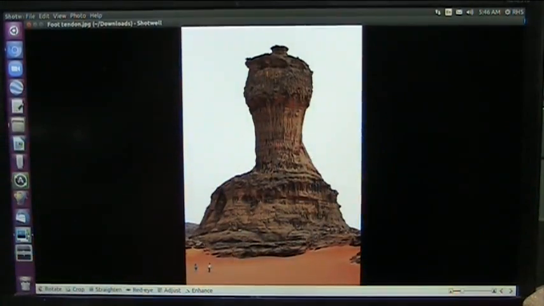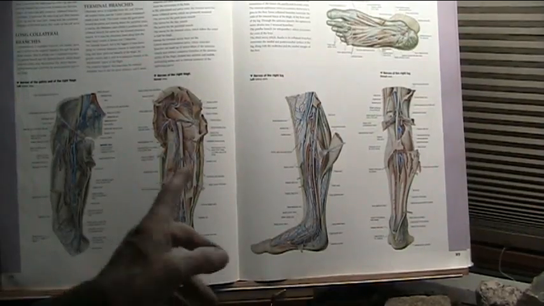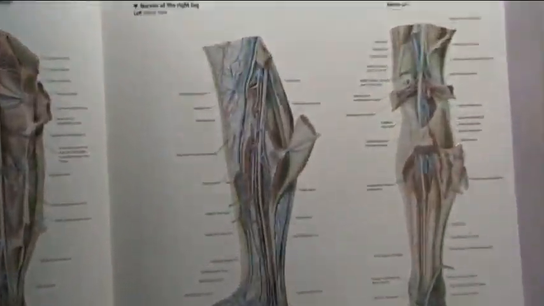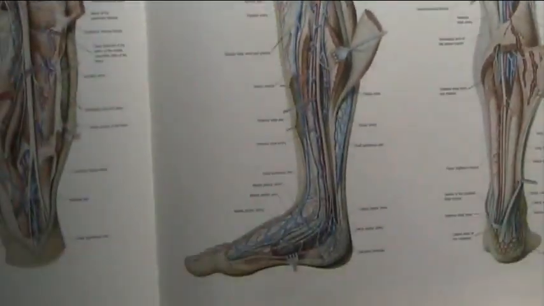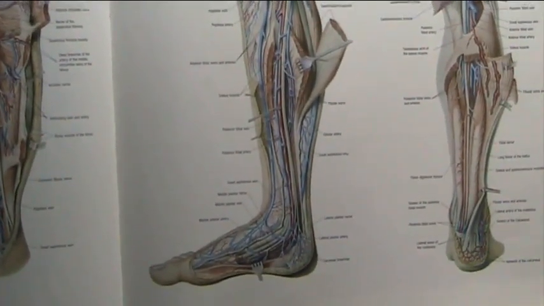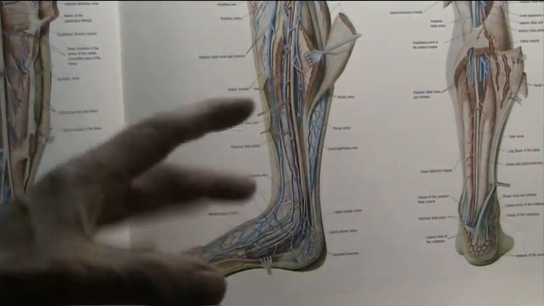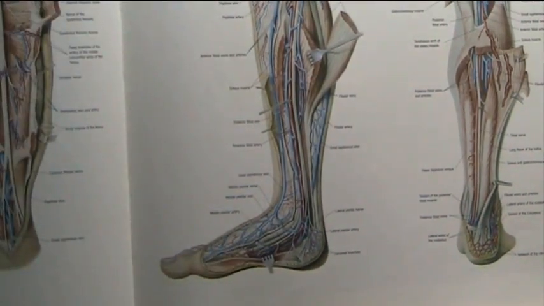So here we go. This is the kind of detail you have to get to before you can really understand biology and the anatomy of the human body, and where the veins and arteries are, and the difference between arteries and veins and capillaries and all of that stuff.